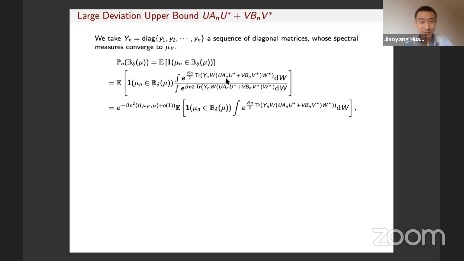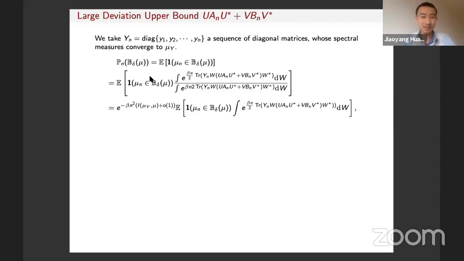Then we just multiply those spherical integrals both in the numerator and the denominator. So basically we didn't do anything here. And because mu_n is in a small neighborhood of mu, this A plus B, the eigenvalue distribution, is close to mu. So we can use the result by Guionnet and Zeitouni, which gives asymptotics for this spherical integral, which is given approximately by e to the minus beta n squared I(mu_Y, mu) plus little o(1).